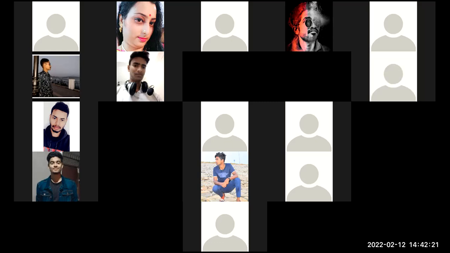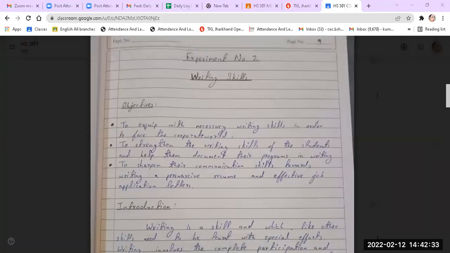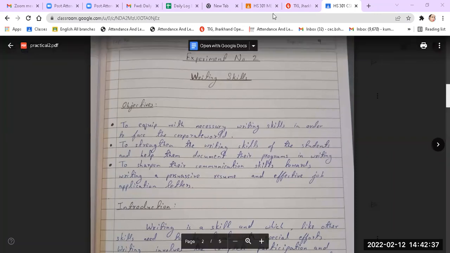Yes, ma'am. When you look at a portfolio of someone in a good post, a small pic is given in it, and a very brief introduction of that person. That is called a portfolio.